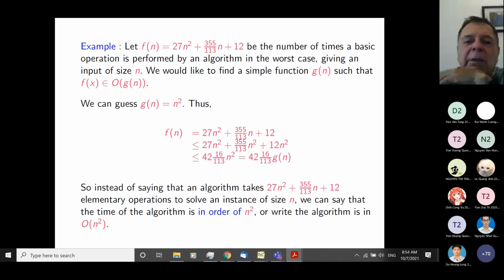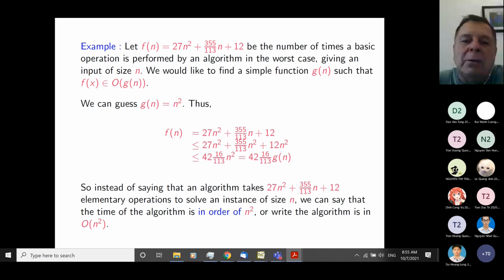Okay, so we start with a first example. So f(n) here is again a polynomial that represents the running time of one basic instruction in an algorithm. So one basic instruction is executed that amount of time: 27n squared plus 355 over 113 n plus 12.